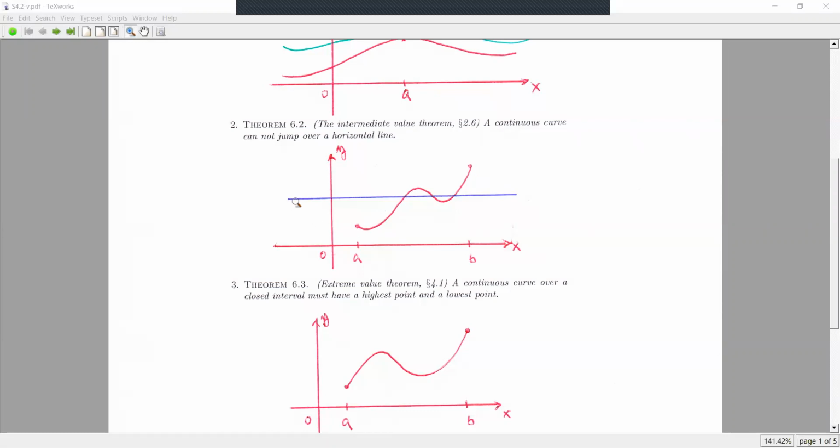If you draw a horizontal line between the two endpoints, left endpoint and right endpoint, then the horizontal line must intersect the continuous curve at least once.